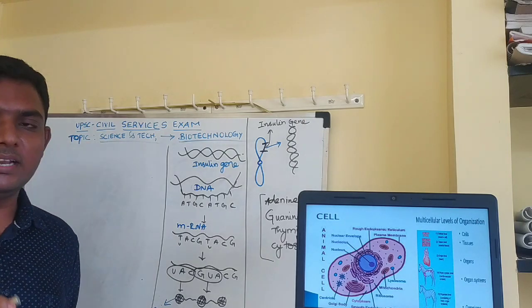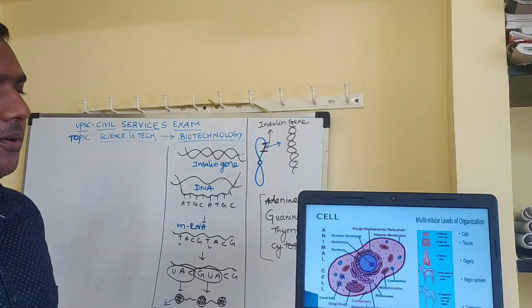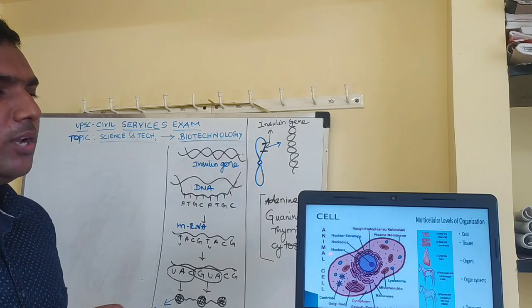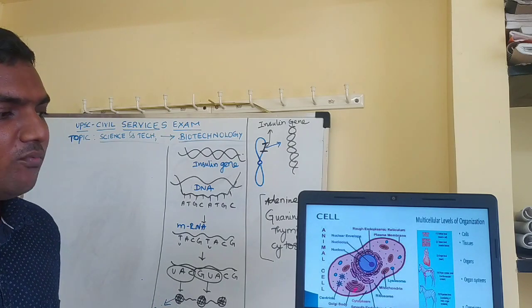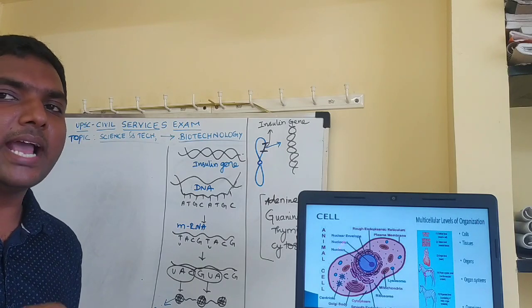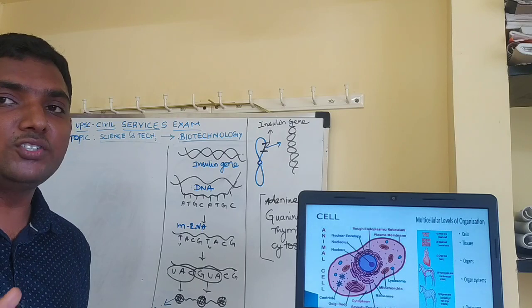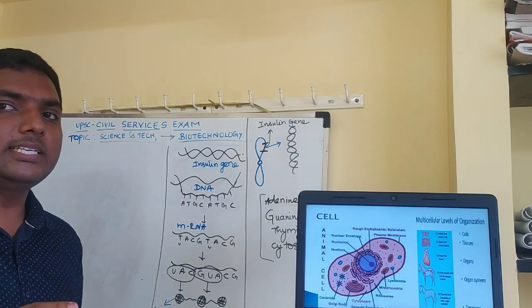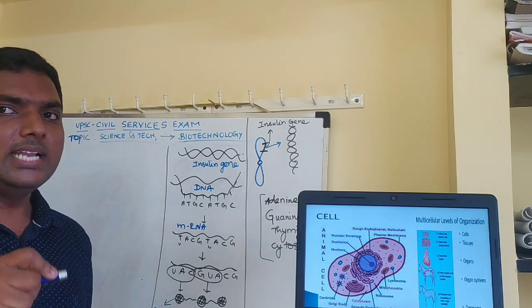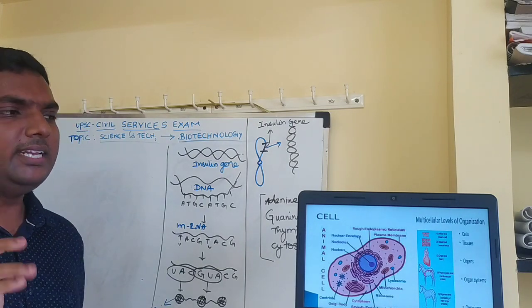Then point 2 is vacuoles: they are absent or small in an animal cell, whereas they are large in a plant cell. Then the cell organelle called chloroplast is present only in a plant cell and not in an animal cell. This gives you a fair idea of the difference between plant cell and animal cell.